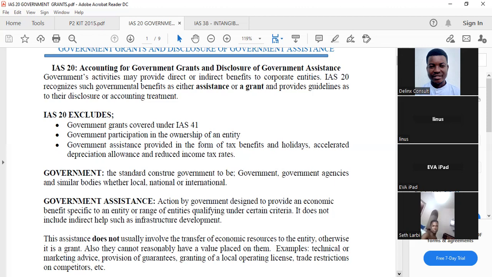So if you are given a grant towards the acquisition of the machinery, that is seen as a capital grant. So we have 2 types of grants. First, we have the revenue grant, which is given to reduce your payroll expenses and day-to-day operations. And we also have capital grants, which are given towards acquisition of long-term assets.